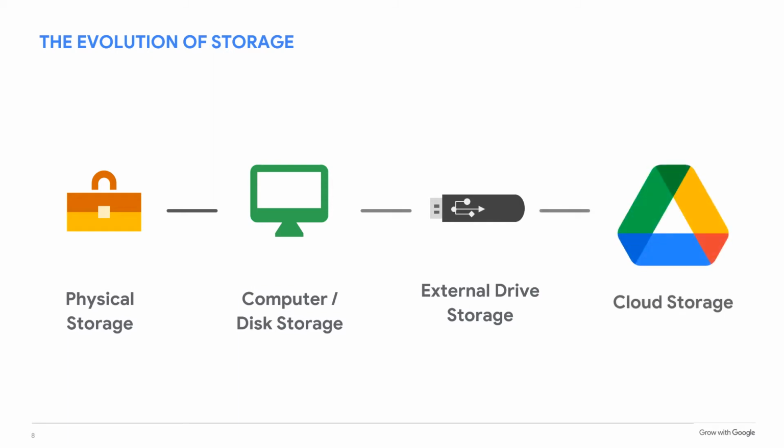Now the internet gives us a way to keep all our digital files safe and secure without any physical storage device at all. This means you can store your resume or any other digital file on your Google Drive, which is a storage system based online in the cloud. You can access your Google Drive from any device connected to the internet.